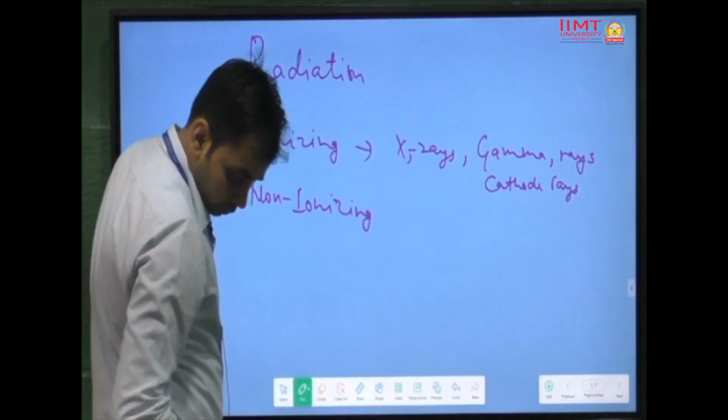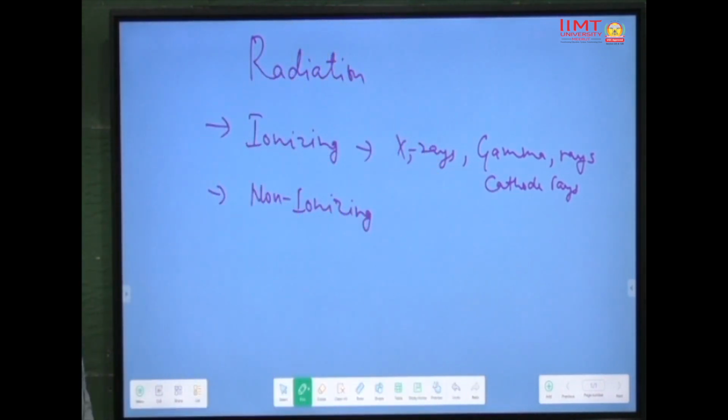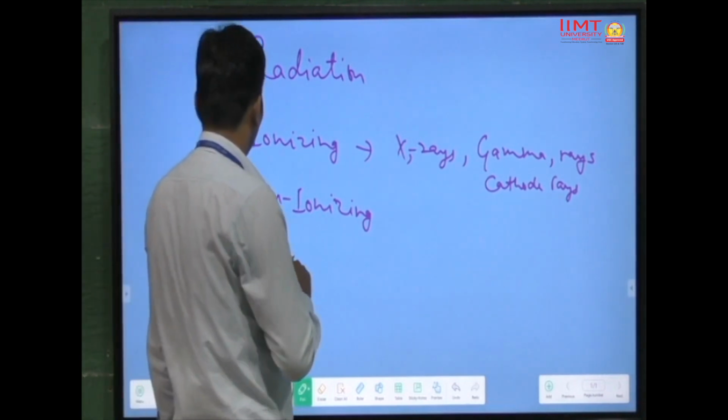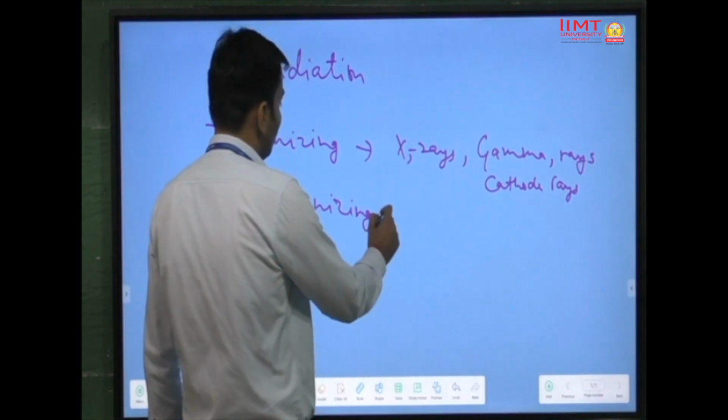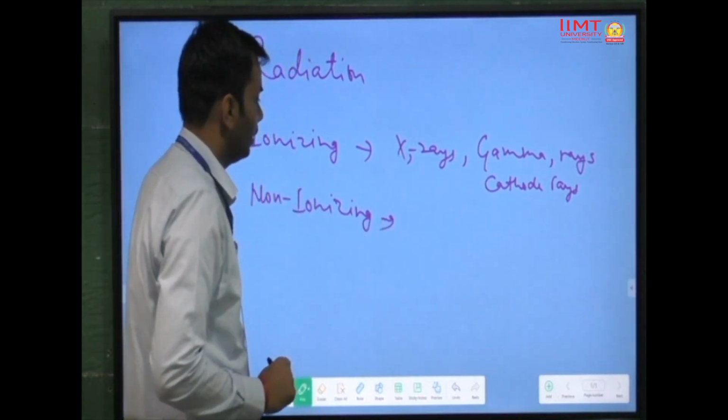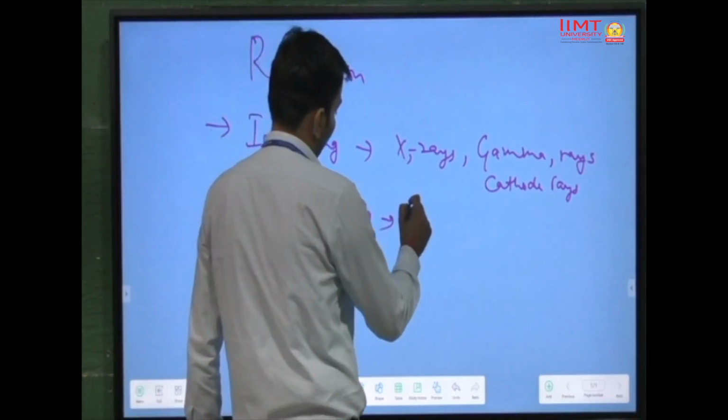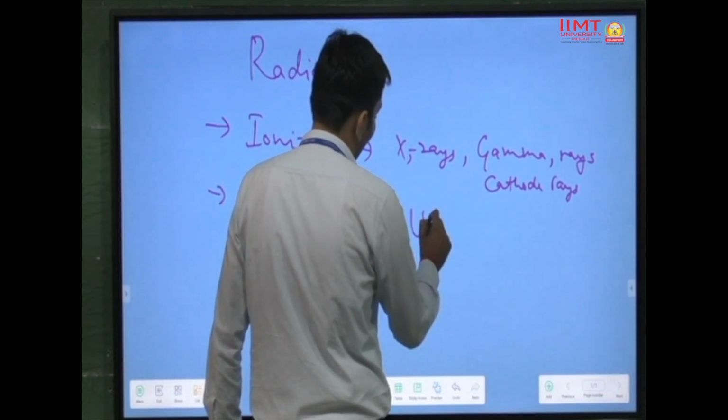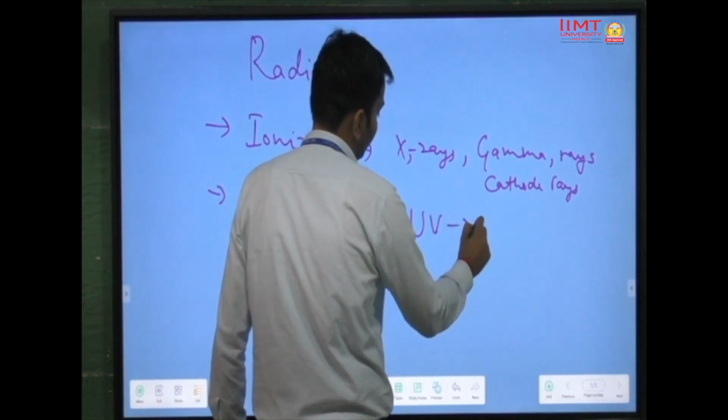So these are the examples of ionizing radiation. The second one is non-ionizing radiation. The example of non-ionizing radiation is a single one, which is ultraviolet or UV rays.